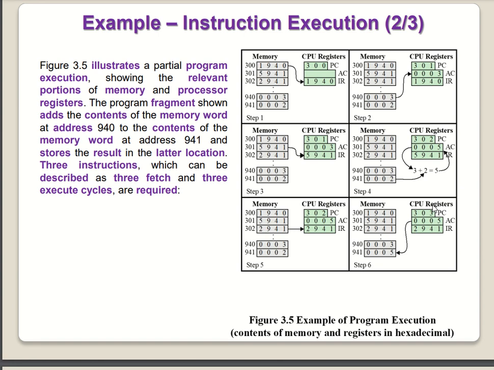Based on the address, it fetches the instruction from the memory, and that instruction is moved to the instruction register. After fetching the instruction, CPU increments the PC. And then CPU tries to interpret, which means decode the instruction. Try to understand what the instruction is, and then executes the instruction. So this is the idea of instruction execution.